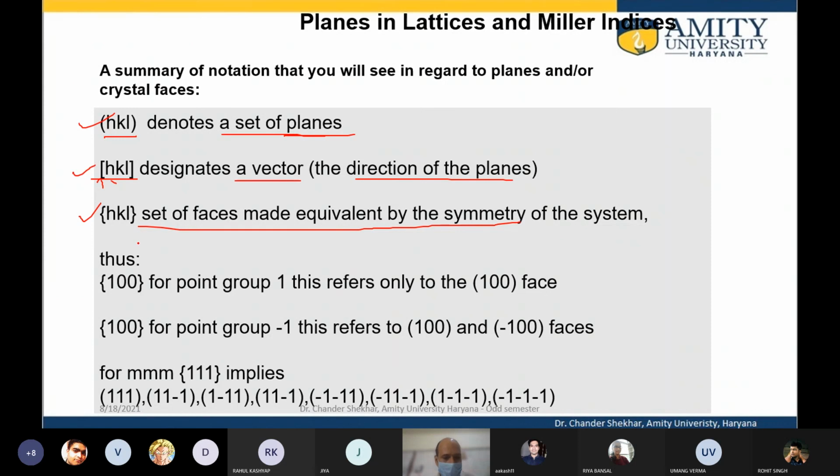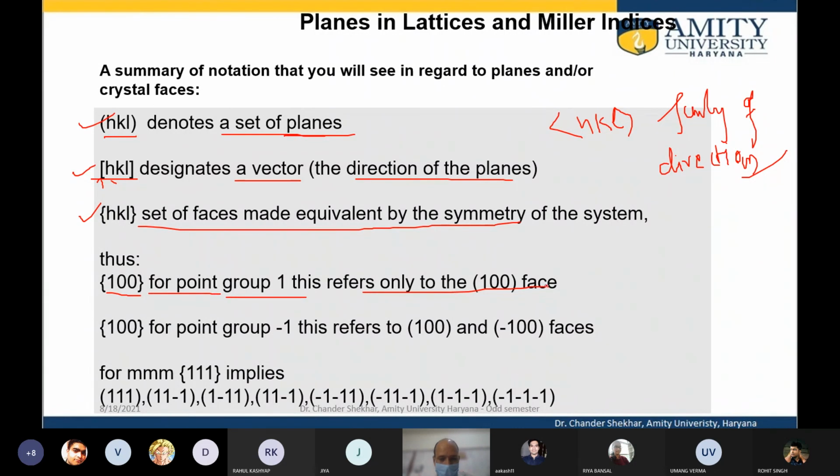Okay, and suppose again here, if it is HKL like this, it is the family of directions. So if this is in the curly brackets, this represents, say, a particular face for a group.